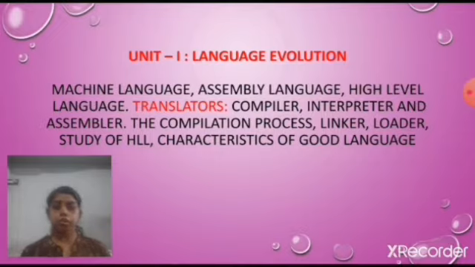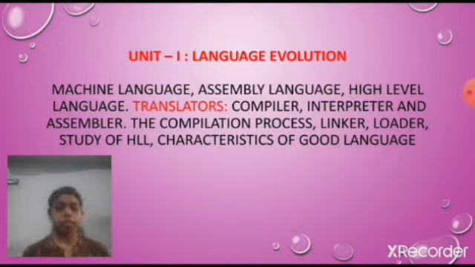After that the third generation language, 3GL, high level language, in which we are currently working. After that the fourth generation language, for example scripting languages like HTML, JavaScript, VB script. These are 4GL, meaning fourth generation language.